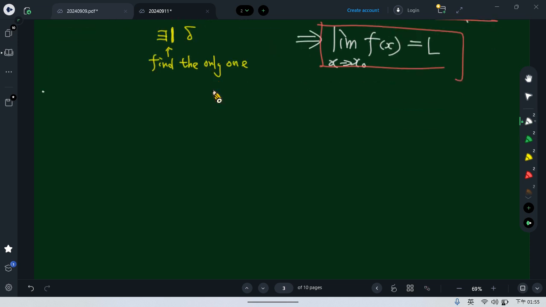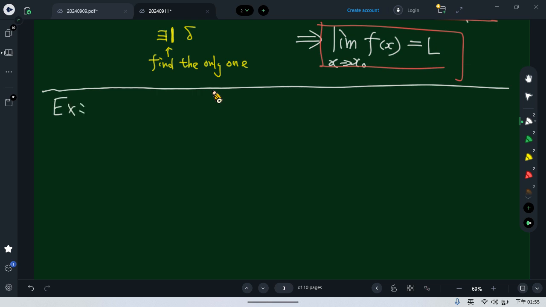So let me just show you an example. For example, if we want to show that the limit as x approaches 1 of 5x minus 3, what is the answer? 2, right?